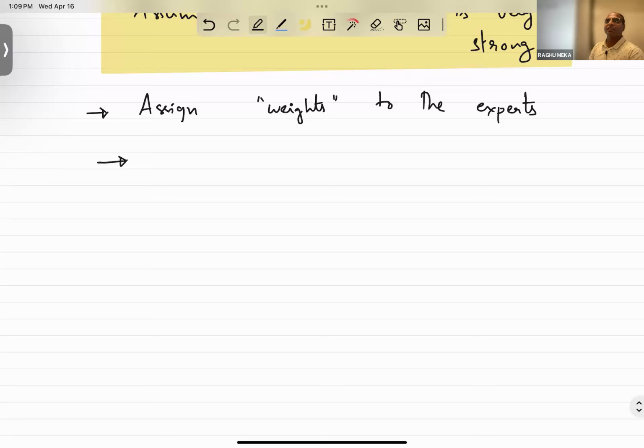If there are 1,000 experts, each with confidence 0.1, saying the opposite of one expert with high weight, maybe I should go with the 1,000 experts with low weight because there are so many of them. Okay? So predict according to the weighted majority.